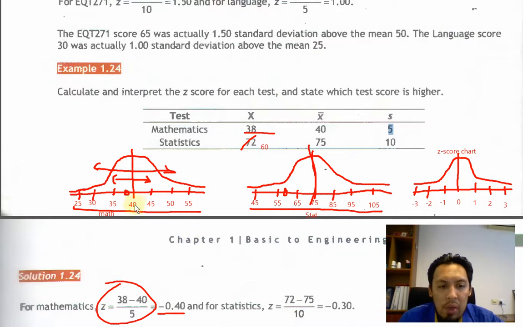For example, 40 here is the mean. So basically, if x is 40, 40 minus 40 over 5, you will get 0. For this one, the mean is 75. So 75 minus 75 over the standard deviation of 10, you will get 0. So it doesn't matter what kind of chart, what kind of data that you have, when you standardize it, all of them will become 0 and 1s like this.